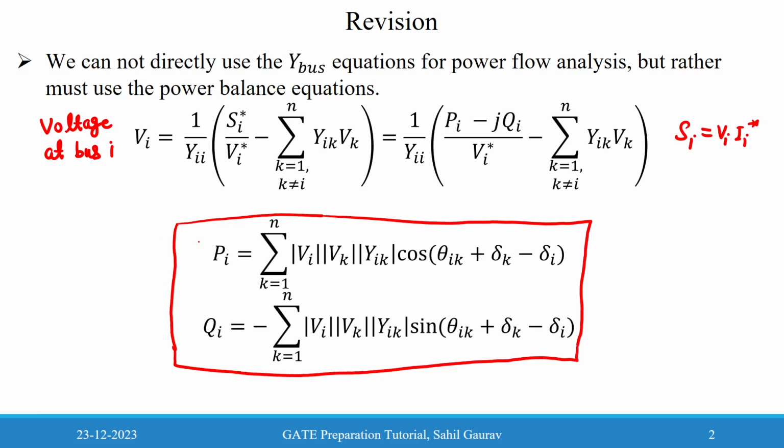With the help of these equations, you can find the power injection at different buses. And after finding the power injections, you can find the losses in the system also. So this is a quick recap of what we studied in the previous session.